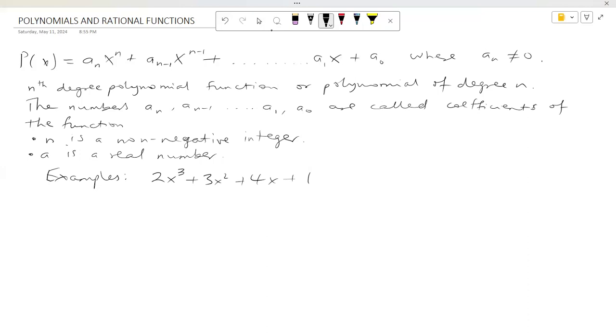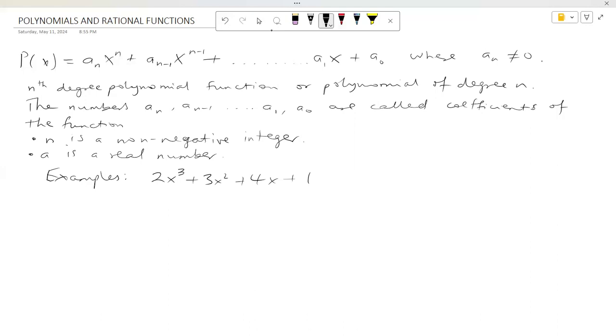The coefficient of x squared here is 3. The coefficient of x is 4, right? And 1 is a constant. So you can see this 1, which represents a0, is a constant. It's a real number.